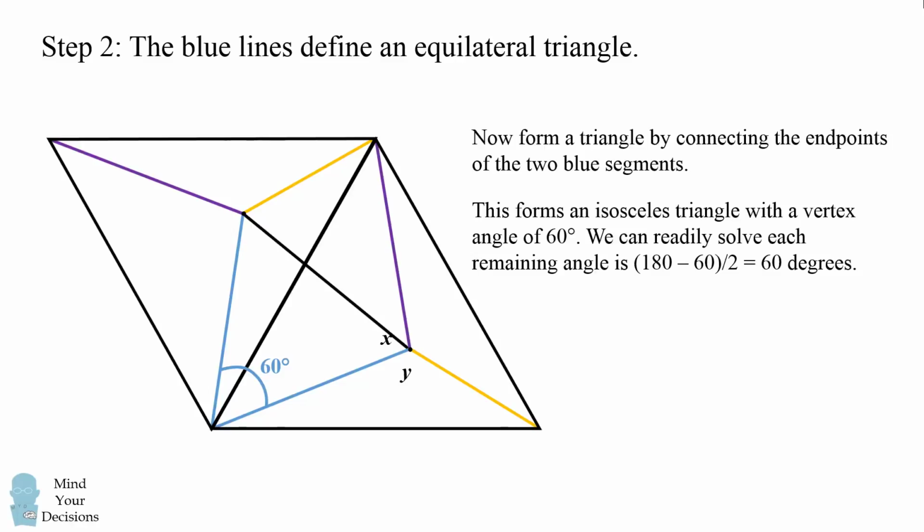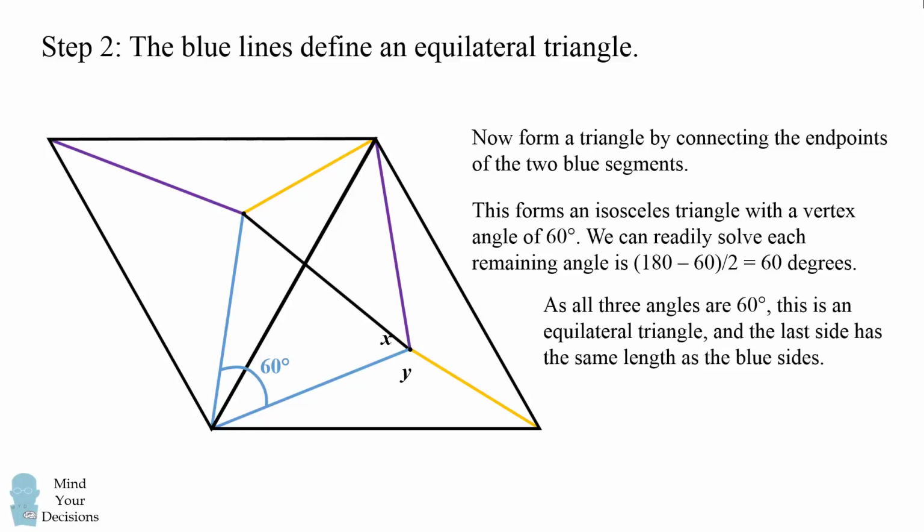So each remaining angle will be 180 minus 60, and then we divide that by 2. So each remaining angle is 60 degrees. Therefore, all three angles of this triangle are 60 degrees, and so it's an equilateral triangle. So the very last side has the same length as the blue sides. So I'll color this last side in blue.